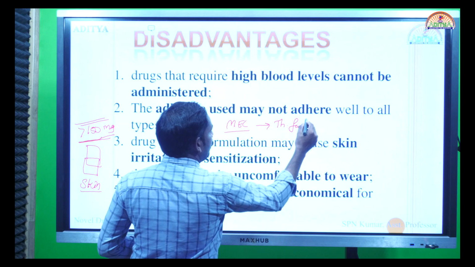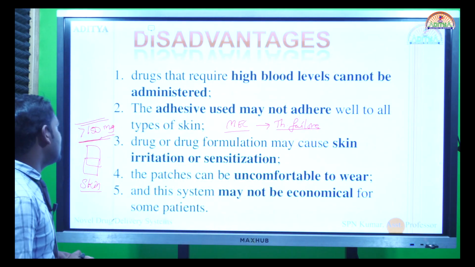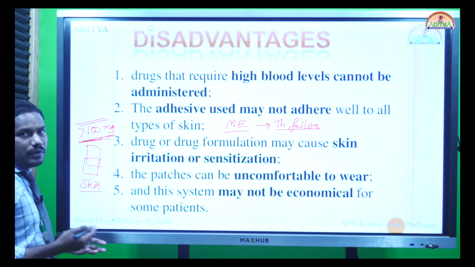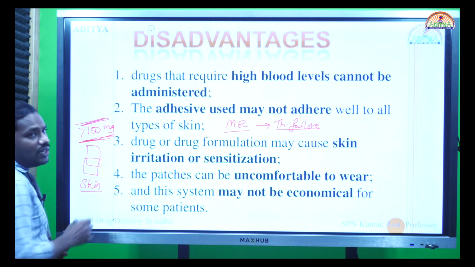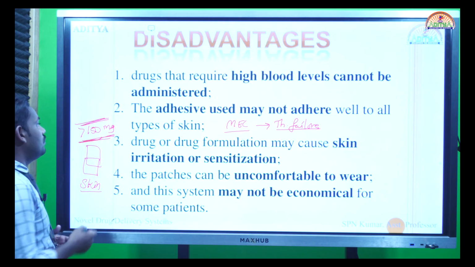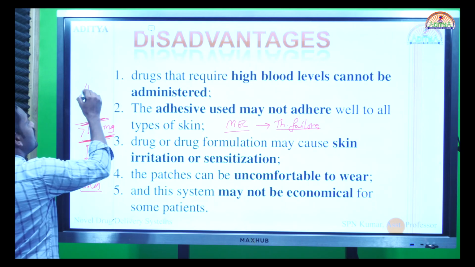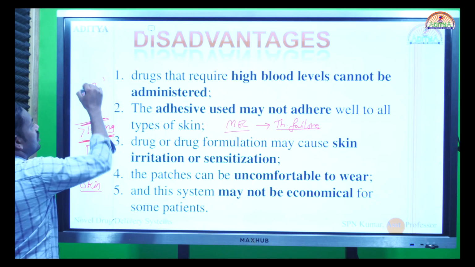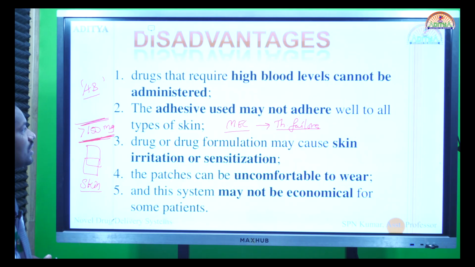So hence researchers suggest that the maximum dose which can be given through TDDS is 150 mg, not beyond 150 mg. Even though there are strategies to deliver more than 150 mg, it may not be as effective. That's the reason why antibiotics are never given through the transdermal route. Only drugs for chronic diseases, like atenolol, all such potent drugs can be given by this transdermal route.